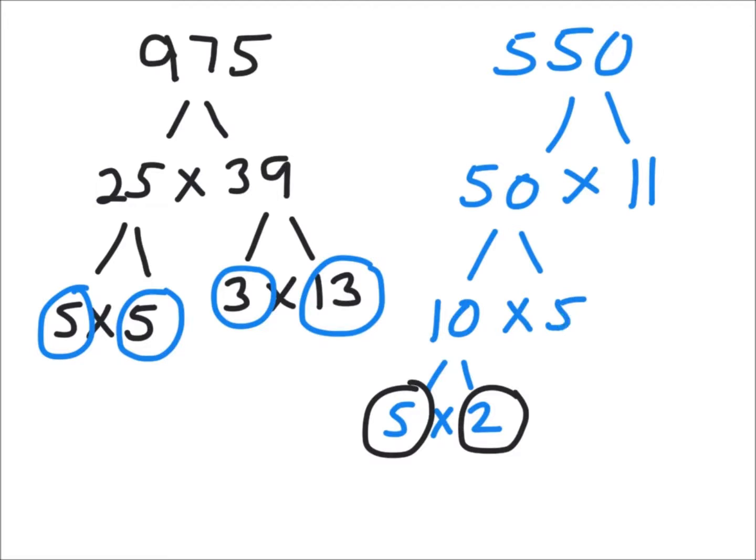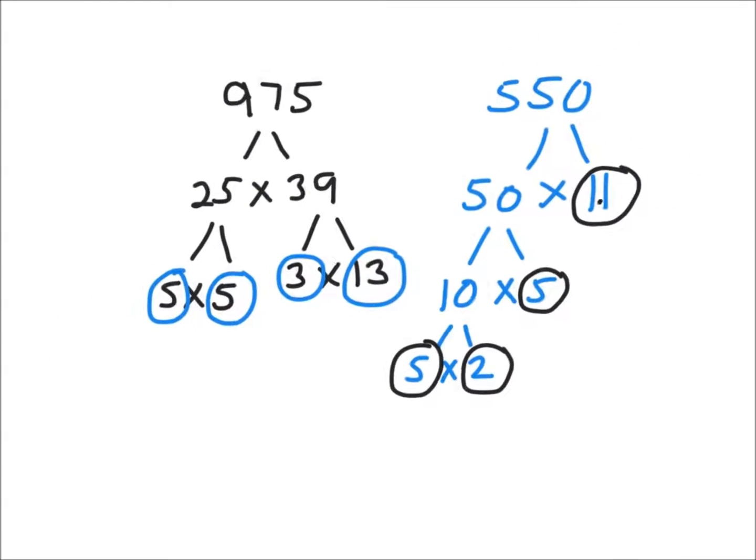Let's sort out this 5 now. Is 5 a prime number? Yes, it is. Over to the 11 now. Is 11 a prime number? Yes, it is. We've now found the prime factors of 550.